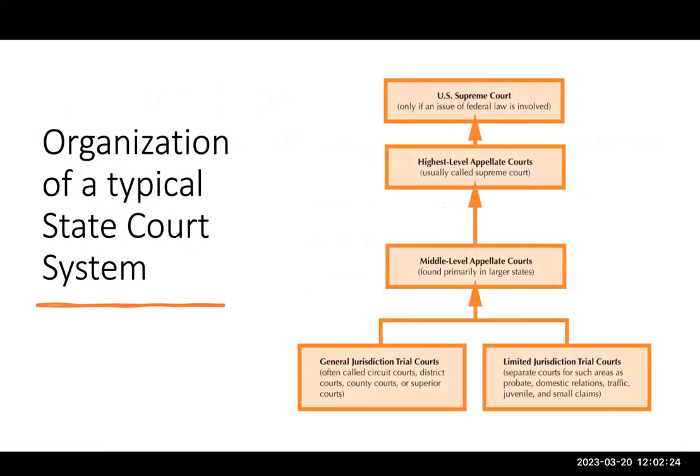We do not have separate courts for probate matters or family law matters or juvenile justice matters for that matter. Other states do have separate court systems for those. Some states, in fact, have separate court systems for criminal and civil matters.